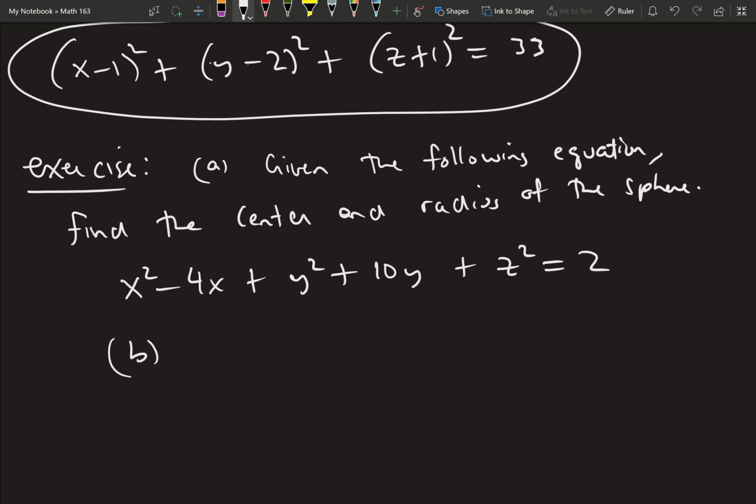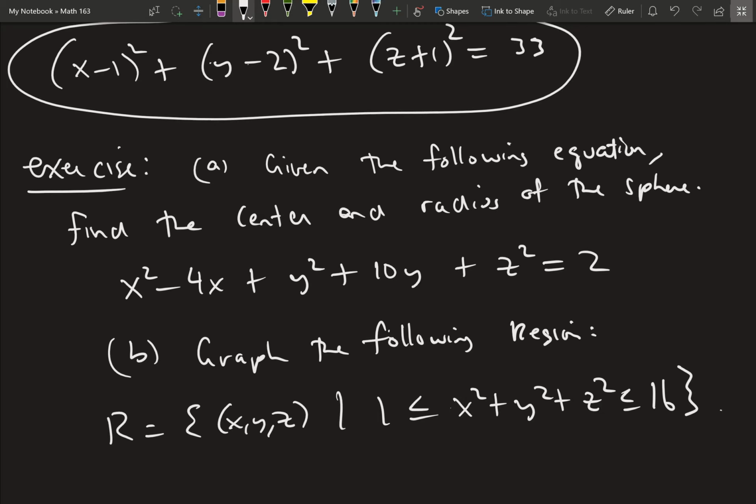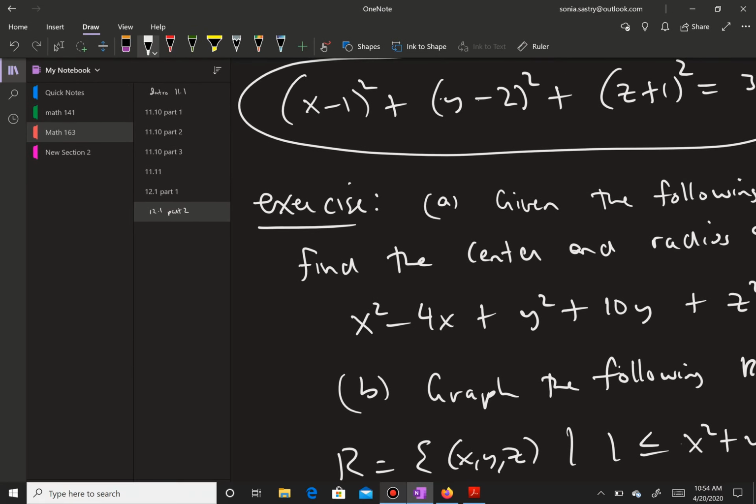And part B, graph the following region. R is the set of x, y, z, where 1 is less than or equal to x squared plus y squared plus z squared less than or equal to 16. Okay, and we'll start with this exercise next time, and then that'll be the end of 12.1. Till next time.